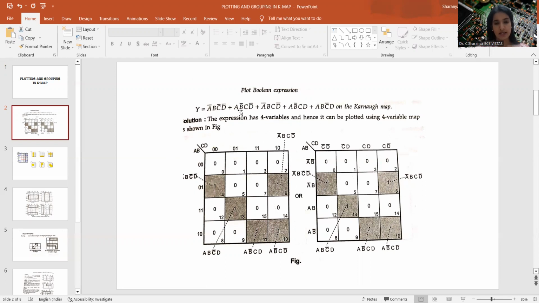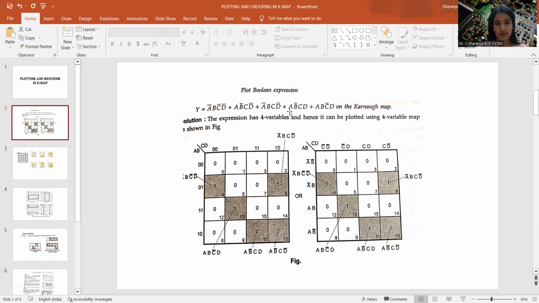The second term, AB'CD': it's AB' here, CD' here. Coinciding both horizontally and vertically, it is the 10th cell, so we plot a 1 here. The third expression, A'BCD': coinciding with these both, it is the 6th cell, and hence we plot a 1 here.